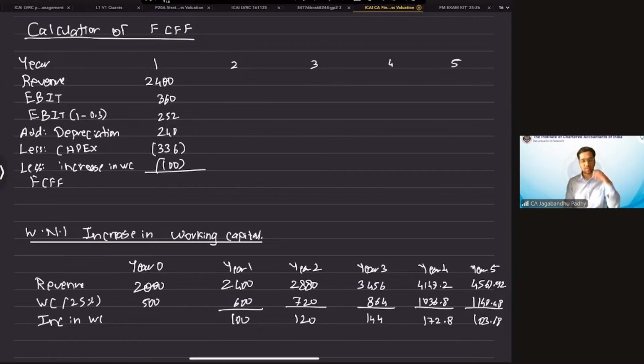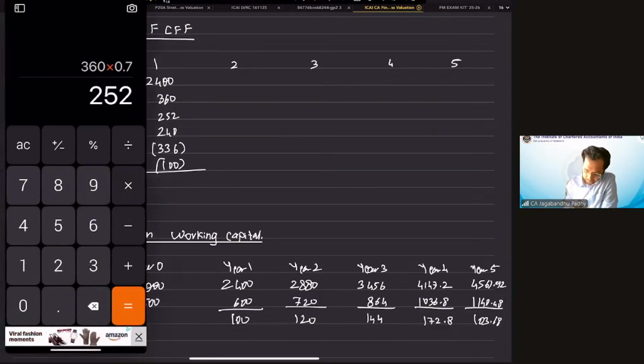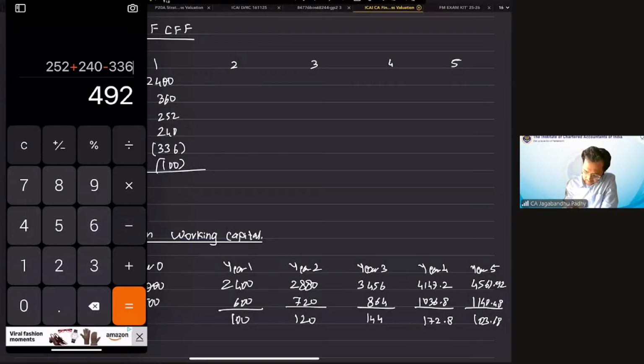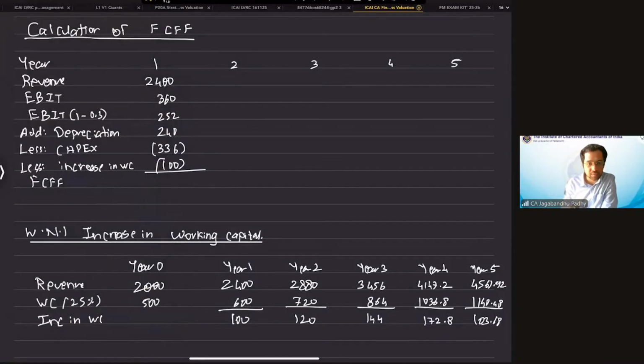You add to it 240, less 336 and less 100. So the FCFF is 252 plus 240 minus 336 minus 100, which is 56. The first year FCFF is 56.